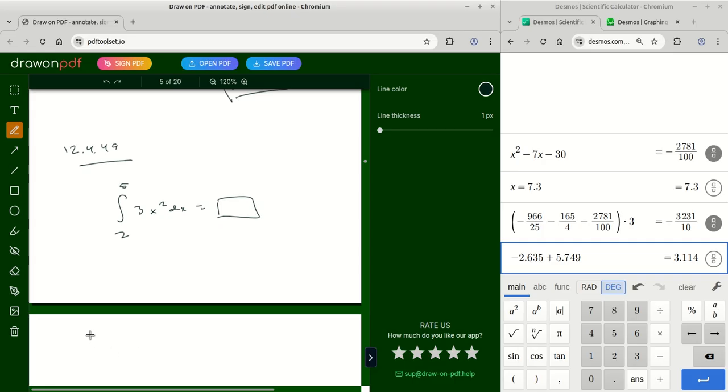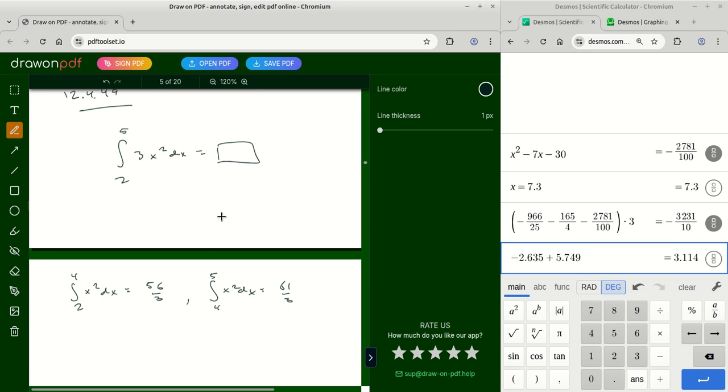So they have the integral from 2 to 4 of x squared dx is equal to 56 over 3. And then the integral from 4 to 5 of x squared dx is equal to 61 over 3. That's good enough. So they say, hey, use these to figure this out.